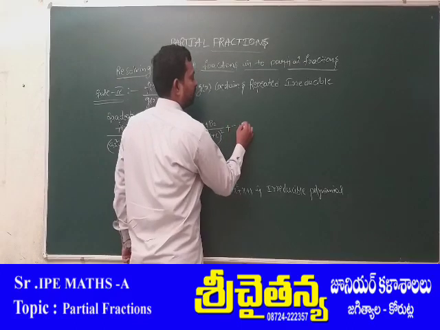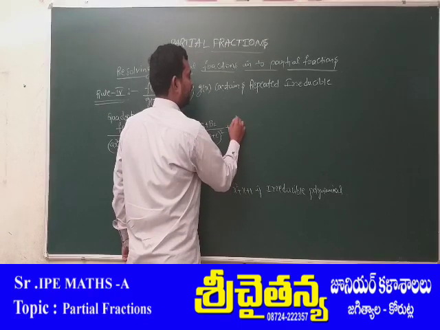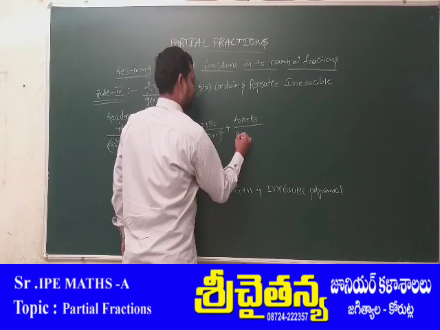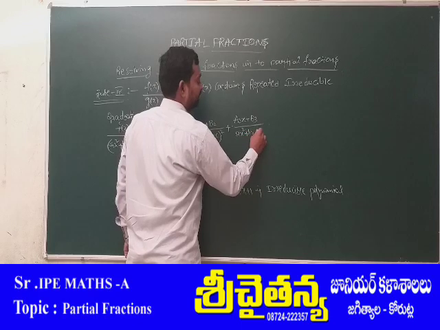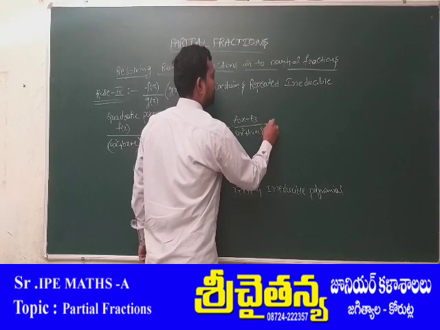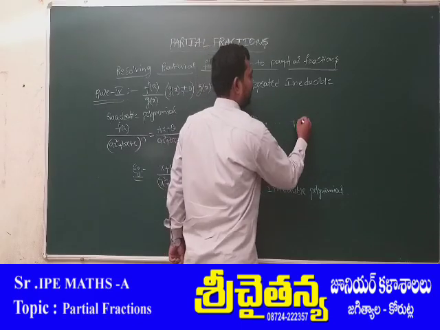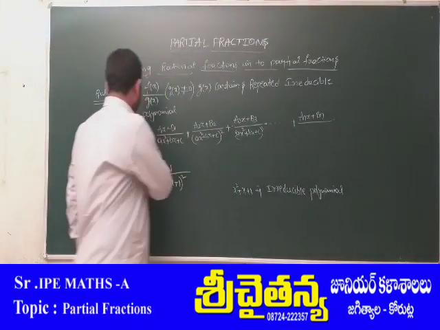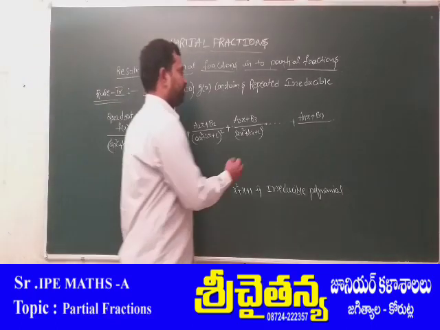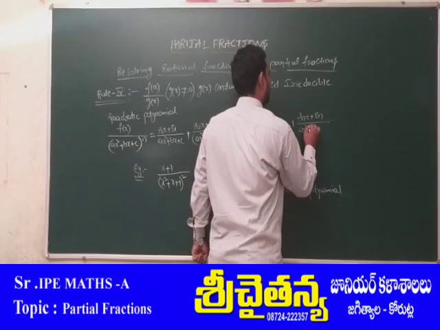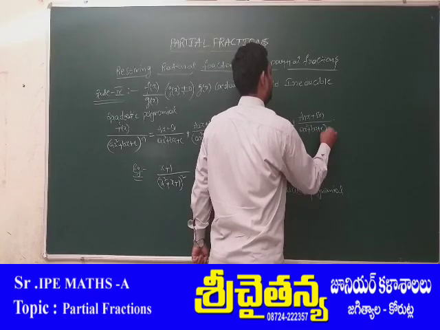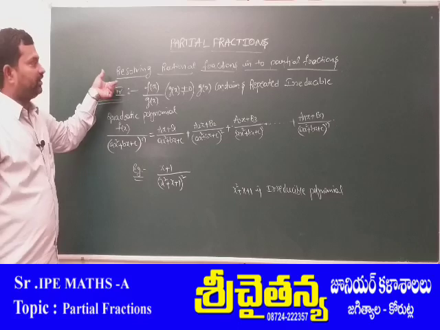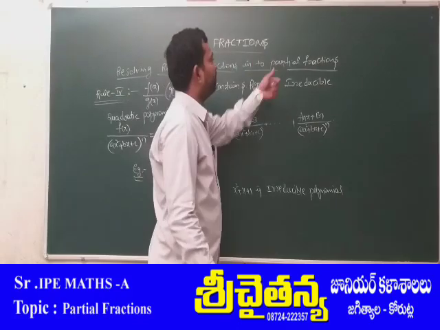Next, and so on, we write a3x plus b3 by ax square plus bx plus c whole power 3, plus and so on, anx plus bn by ax square plus bx plus c whole power n, which is repeated n times. So this is the way of expressing, resolving rational fractions into partial fractions.